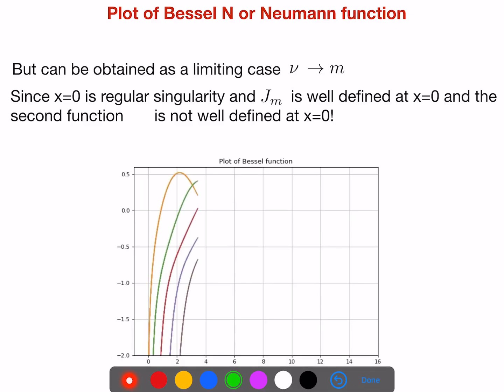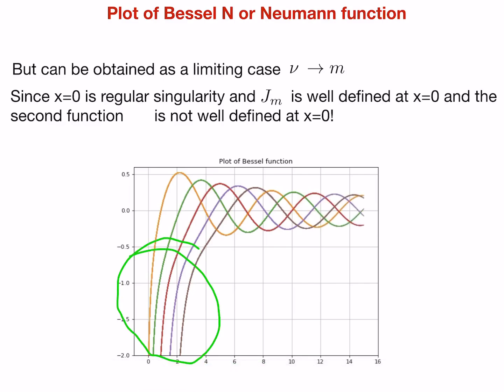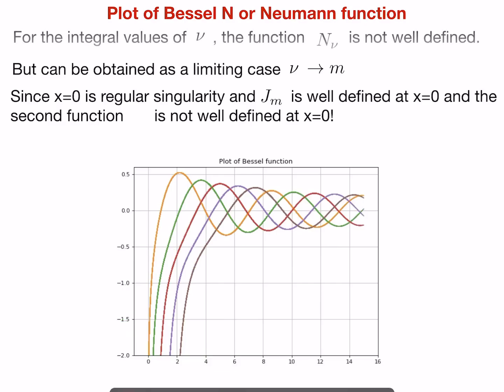Let's look at the plot of this Neumann function for different integral values of n, and you can see them, they all blow up very close to x equals 0, and then they slowly oscillate around 0 with a reducing amplitude in a similar fashion as a Bessel function. One can use both of these to solve the boundary value problem. However, one should be careful.